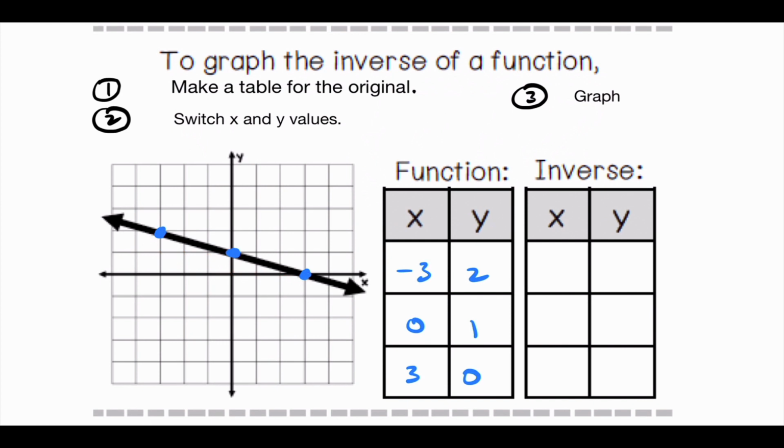Inverse. So the first thing is make a table. Done. Next thing, switch x and y's. So instead of -3, 2, it's going to be 2, -3. So the inverse of the first dot is going to go right 2, down 3.